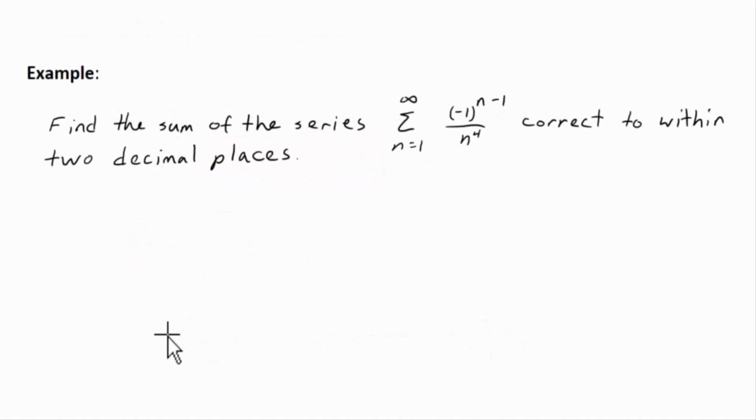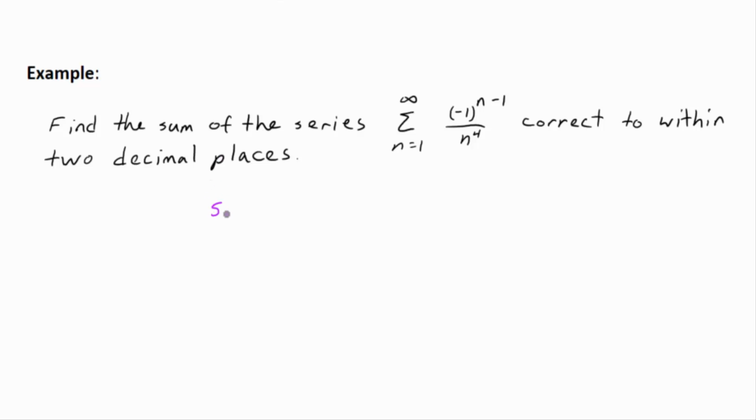So let's see. It says find the sum of the series n equals 1 to infinity, negative 1 to the n minus 1 divided by n to the fourth. We want it correct to within 2 decimal places. So 2 decimal places, what is that really saying?